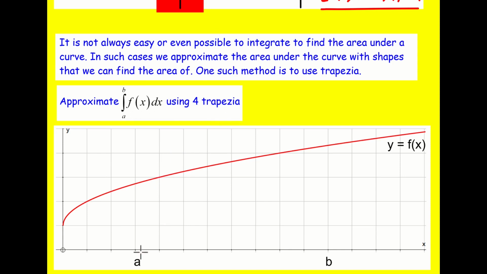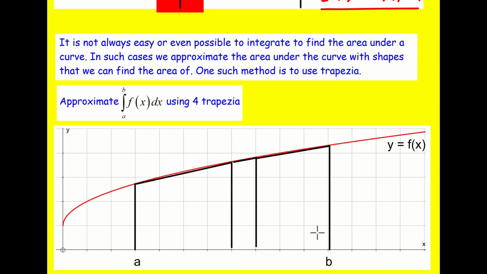I think to start with, I'm just going to draw some. I might draw a trapezium like that, and then a little one like that. If I could work out the area of these trapezia, and I'm going to use the word trapezia from now on because that is the proper plural, then I could estimate the area underneath.